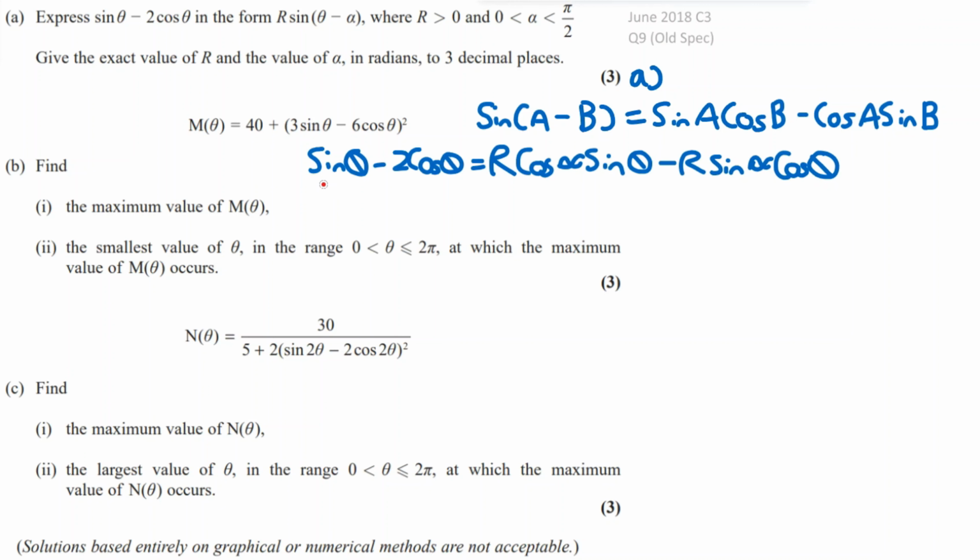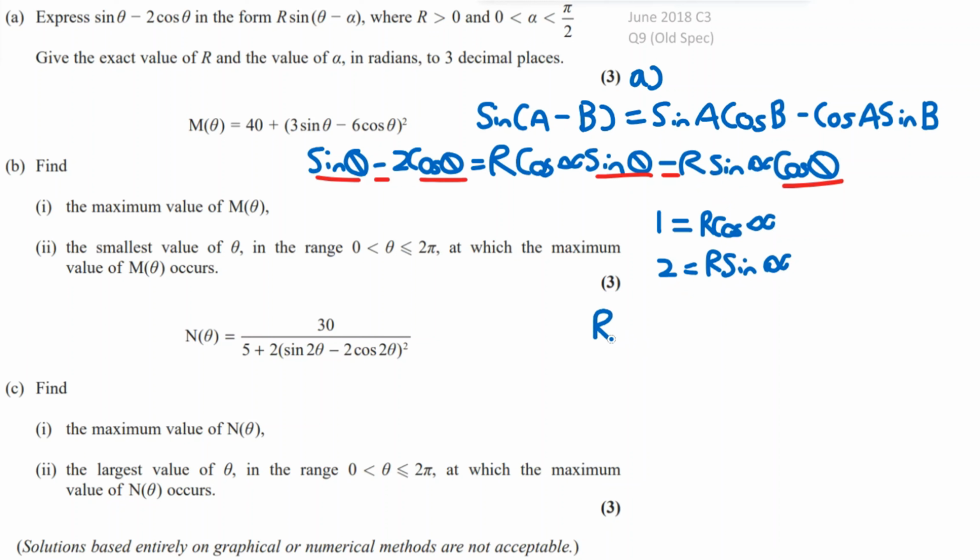Then hopefully you can see the sin theta and the cos theta match. So remember, there is a 1 here, therefore 1 is equal to r cos alpha, and 2 is equal to r sin alpha.